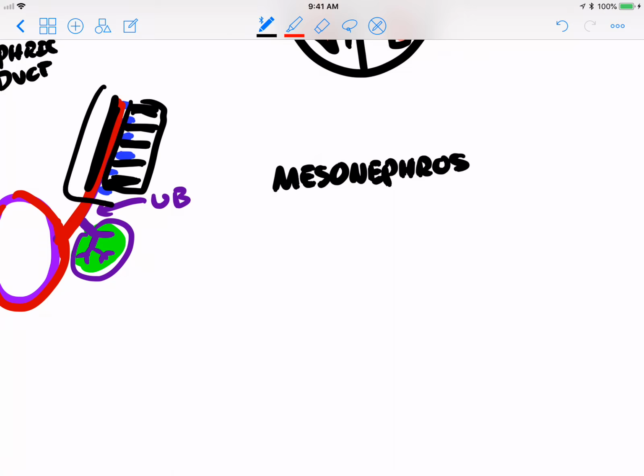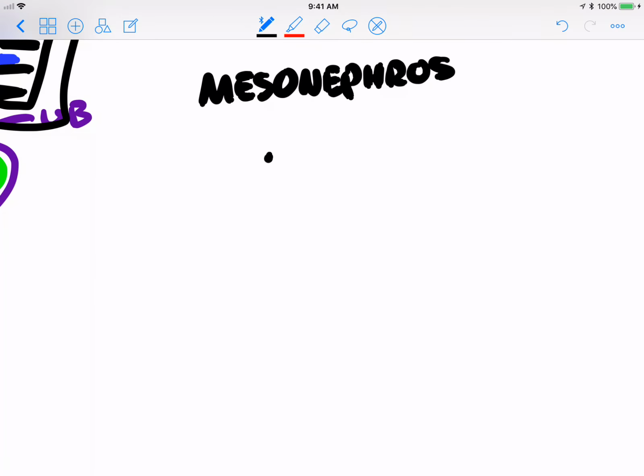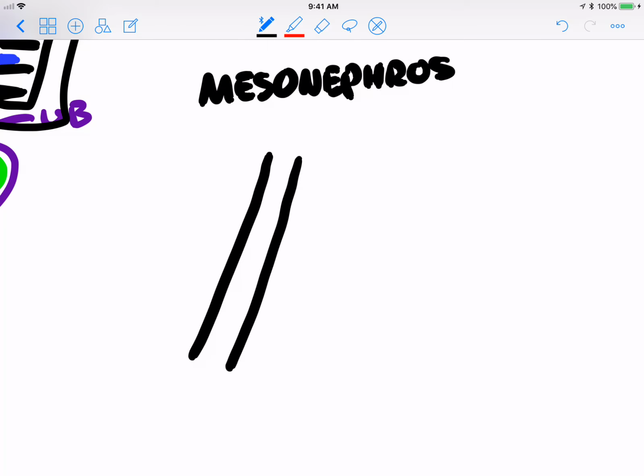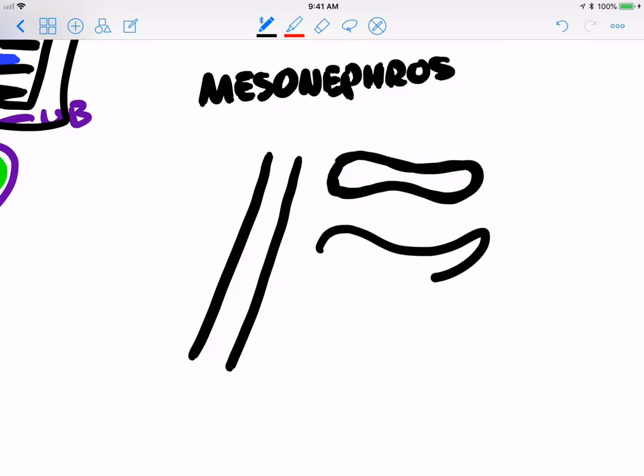So if we were to zoom in on this over here, we would see that we have our duct, and then we have our, I know this doesn't stick with my CD mnemonic because we're on the opposite side now, but this is our cord on this side, this is our duct on this side, so mesenchyme over here.